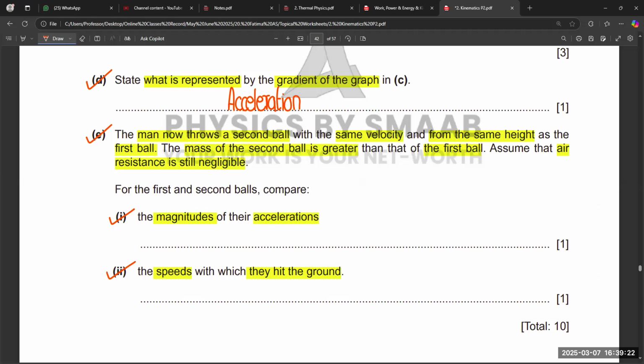So it means they have the same acceleration, which is equal to 9.8, right? So both objects fall with the same acceleration. So it means they have the same speeds when they hit the ground. So it remains unchanged, or we can say both values of the accelerations are the same.